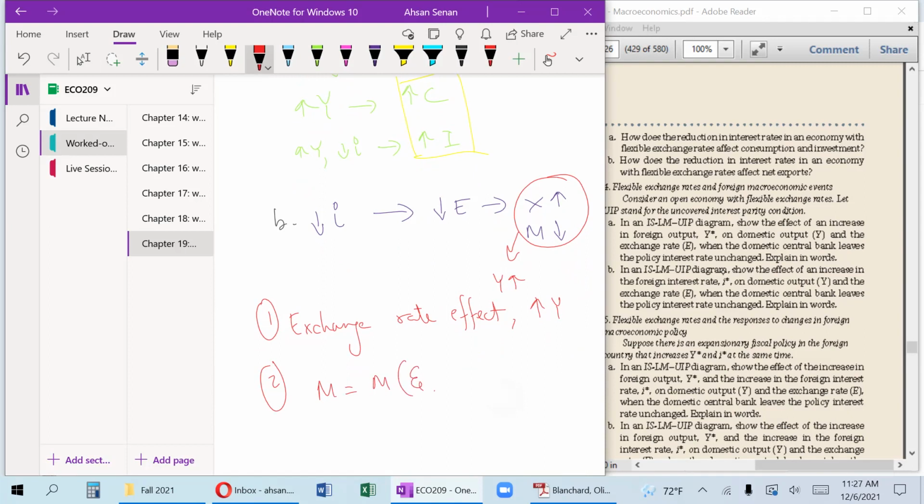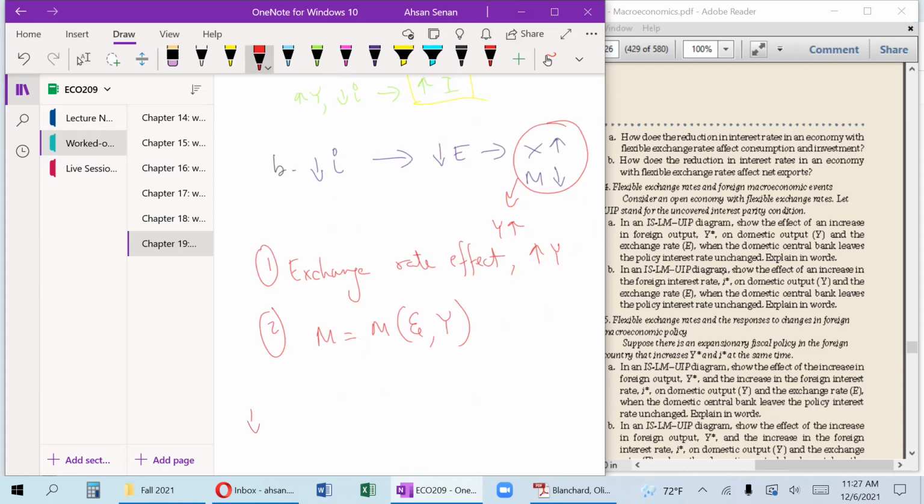M depends on exchange rate, which we have already taken into account, but it also depends on output. So here's the transition, okay? First, I falls. As a result, E falls. As a result, NX goes up. As a result, Y goes up. Whenever NX goes up, Y will go up.